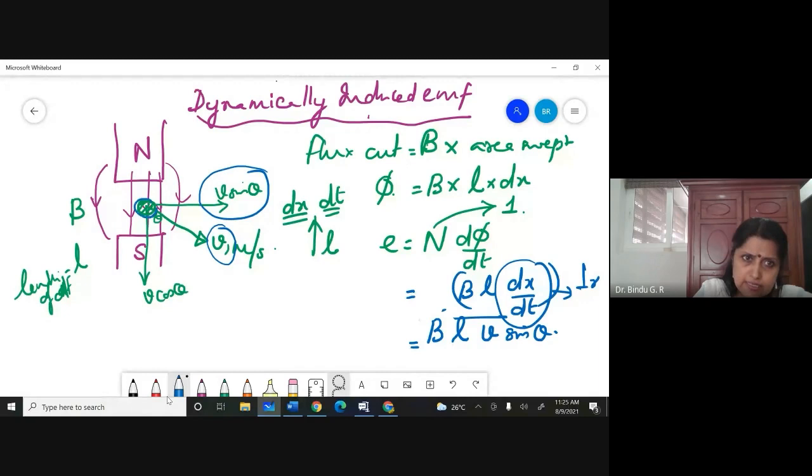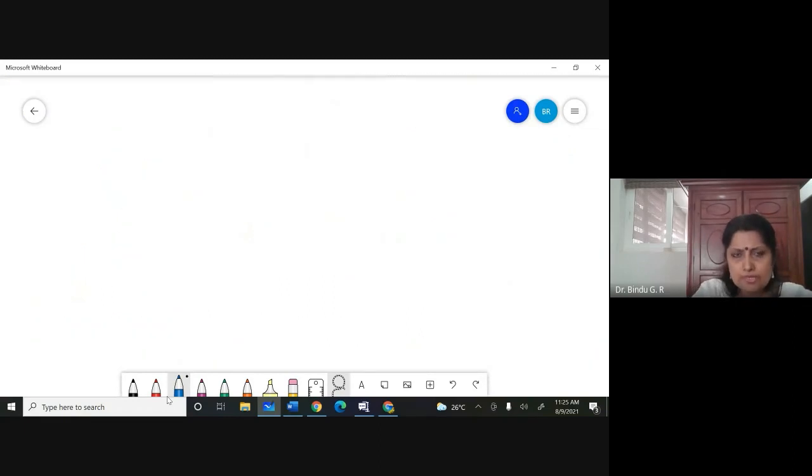Had this conductor been moving exactly in the perpendicular direction with the velocity v, it would have been just BLv. Now, because it moves in another direction, theta, you have BLv sin theta. There is nothing new in it, I know. That is why I am not going to explain much about it.